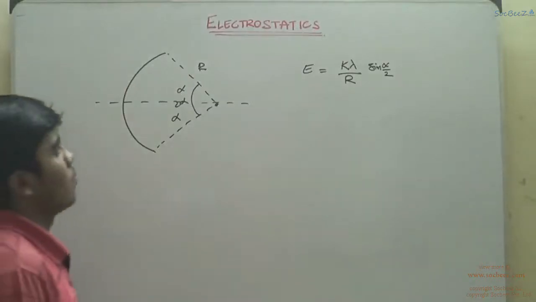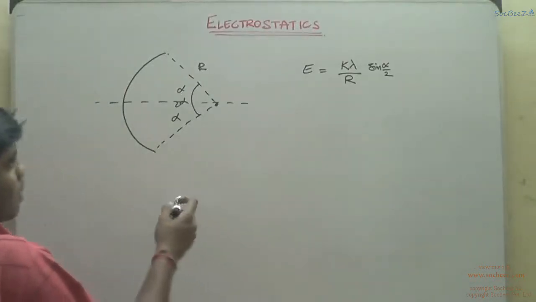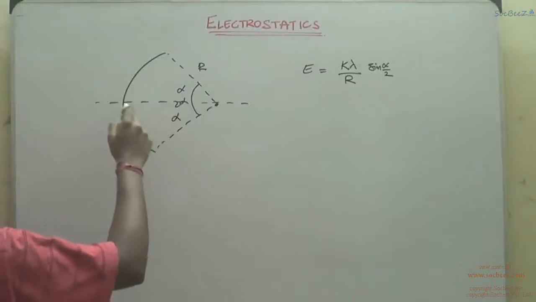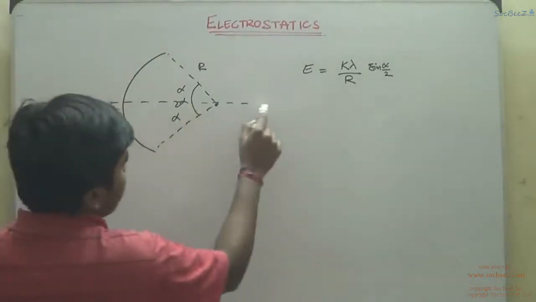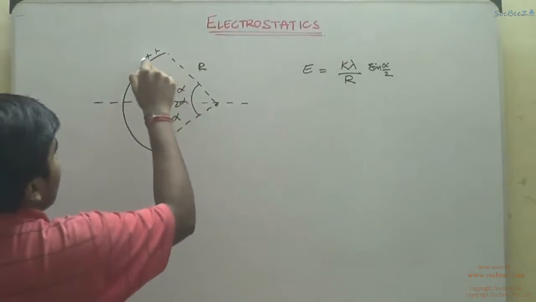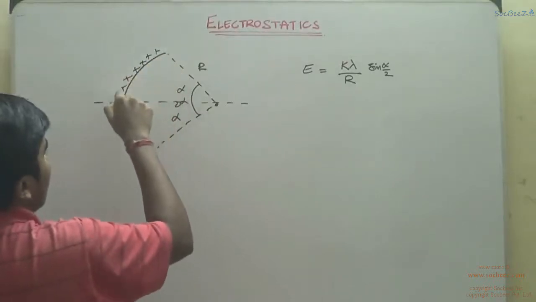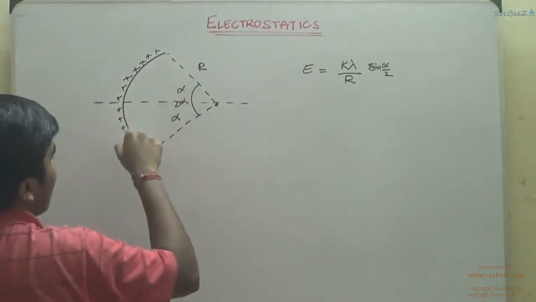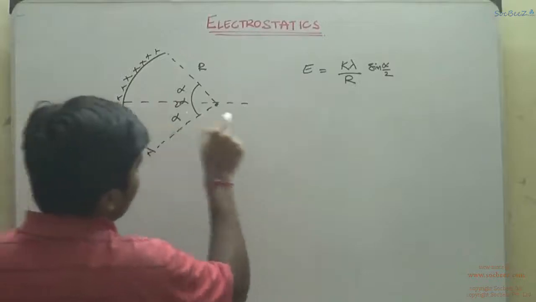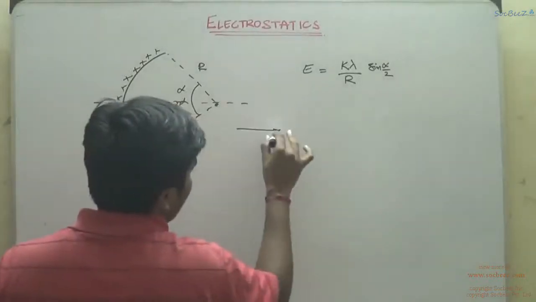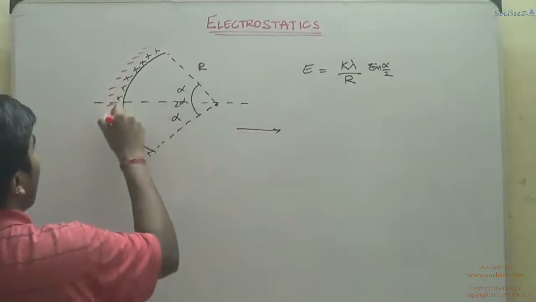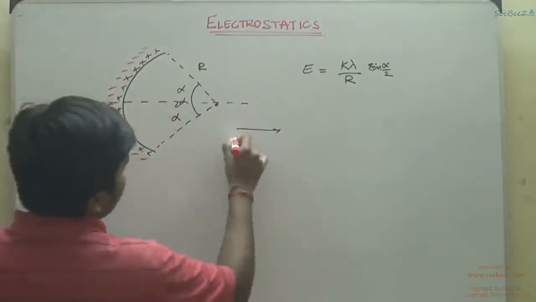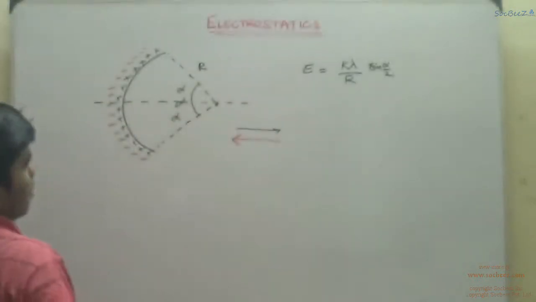The direction of the electric field will be along this line. If the charge is positive, it will be in this direction. If the charge is negative, it will be in this direction.